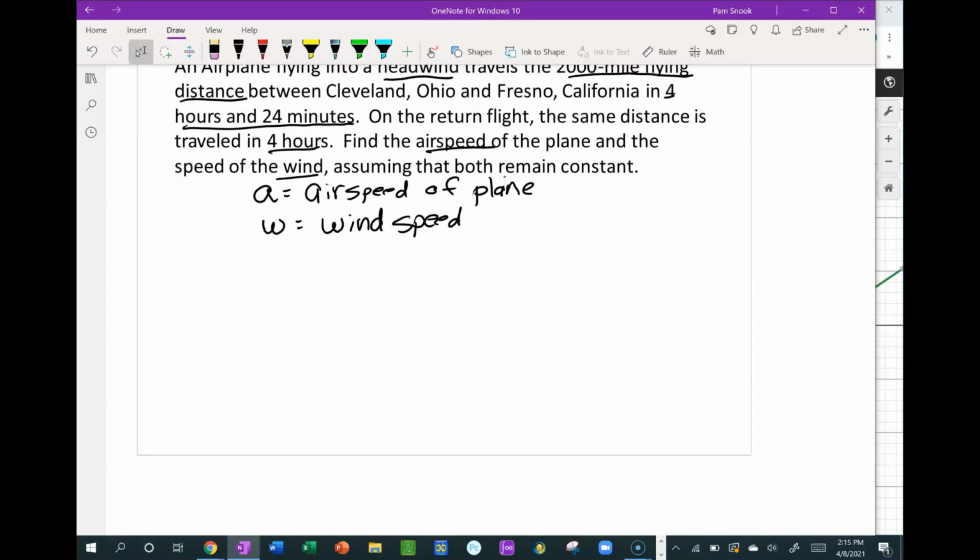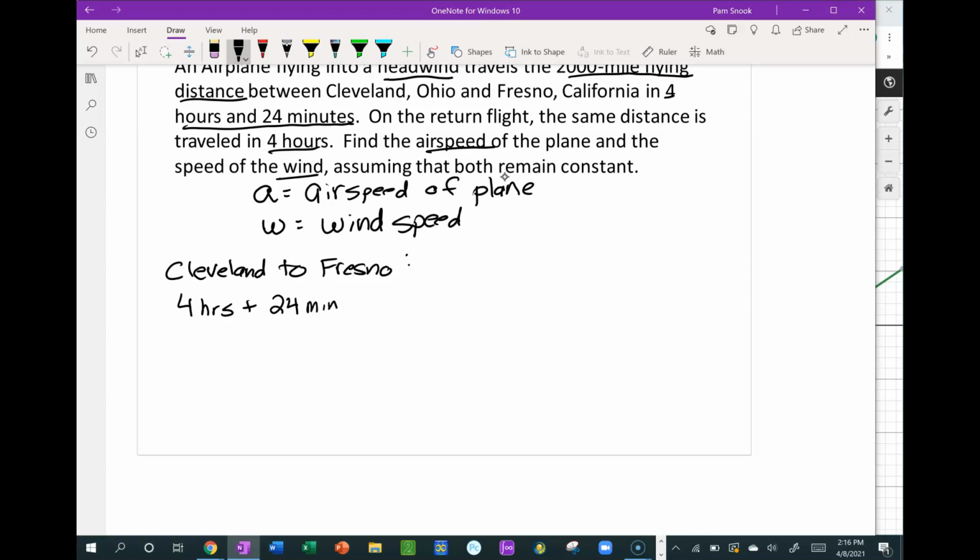My first situation is flying from Cleveland to Fresno. In that situation, the time was 4 hours, 24 minutes. So 4 hours plus 24 minutes.